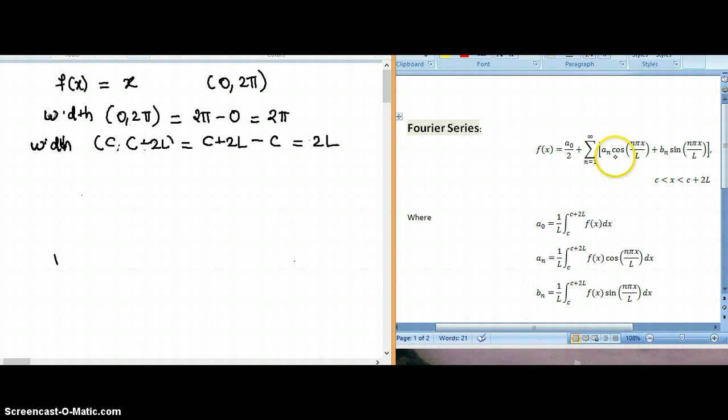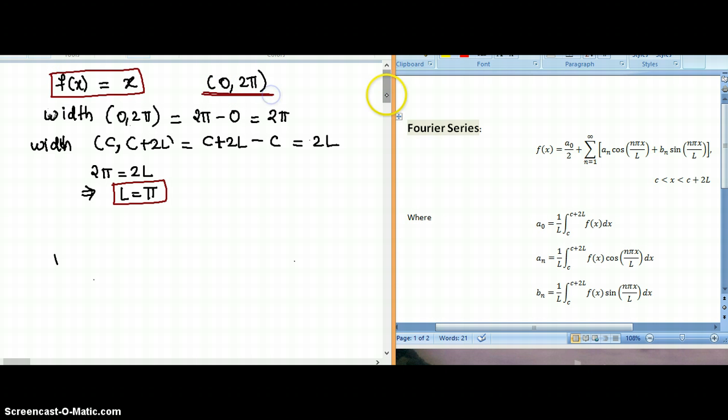Since we are going to use this rule for this function, we compare these two: 2π equal to 2l. This will give us the value of l as π. Now we use this value of l all over here, and our function f(x) is x, which is defined from 0 to 2π.